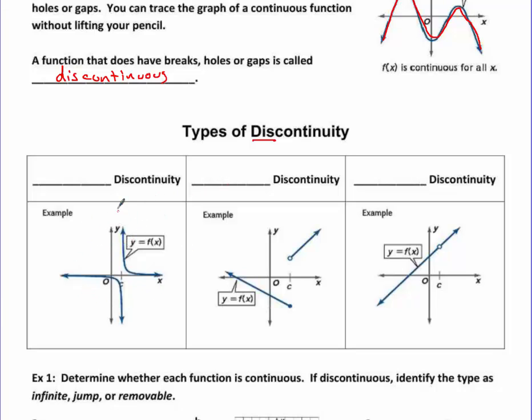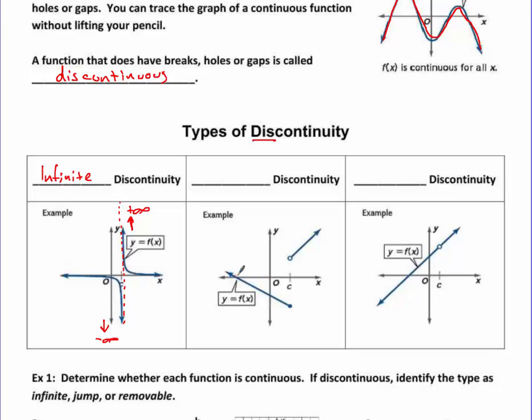Now, you may remember the idea of something called an asymptote that runs through here, and it keeps these two parts of this function from ever meeting or ever crossing. Now, anytime you see this, you see one part of the function is increasing to positive infinity, and another part of the function is decreasing to negative infinity. When that occurs, this is called an infinite discontinuity.